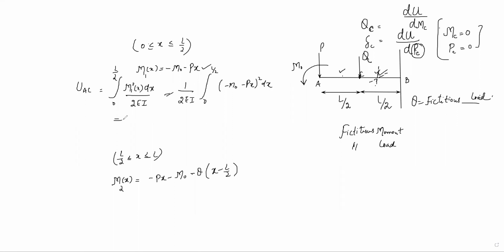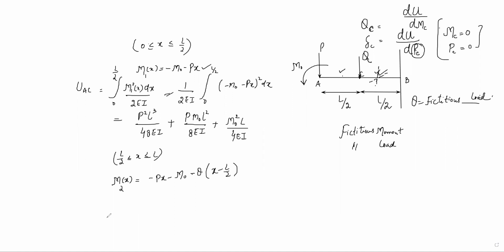That comes out equal to P square L cube by 48 EI plus P M naught L square by 8 EI plus M naught square L divided by 4 times EI. This is the strain energy in the region AC.